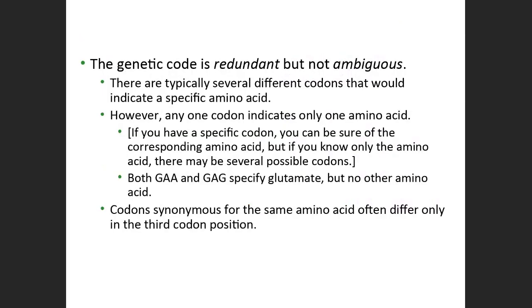So, as I said, the code is redundant. It's not ambiguous, right? There are specific codons for the amino acids, but there is some variation in those codons. So like I said, as long as you got the first 2 letters, then the third one can change and you still code for the same amino acid in many cases. Not every case, but in many cases.